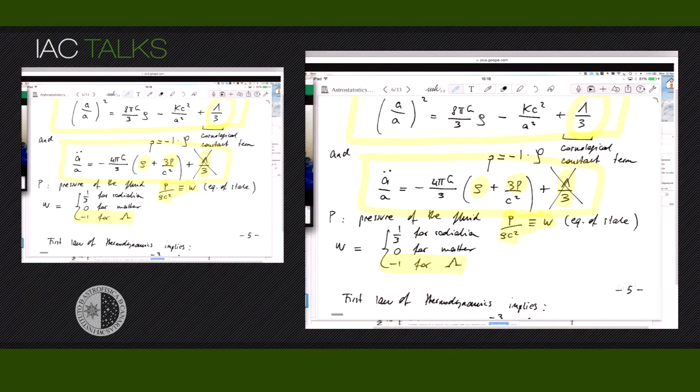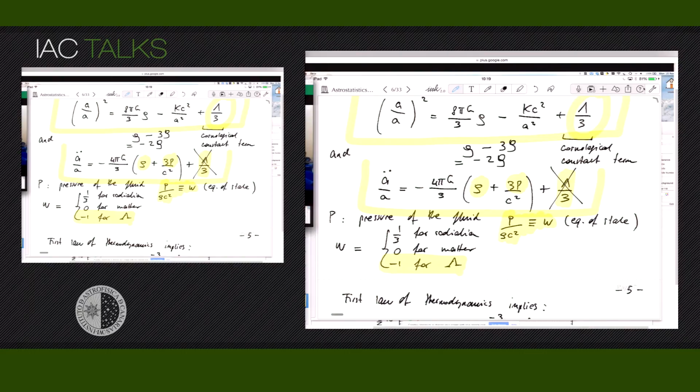And so you can see that the term here on the right-hand side becomes rho minus 3 rho, forgetting c now. Sorry, it should be a minus, right? So if I take minus 1 for a cosmological constant, then we have that this term here is rho minus 3 rho, which gives us minus 2 rho.